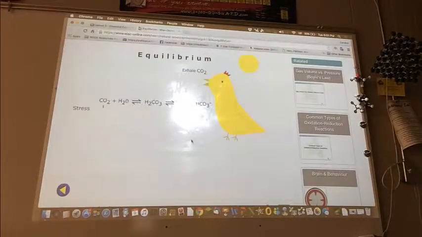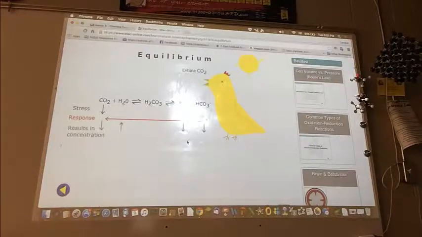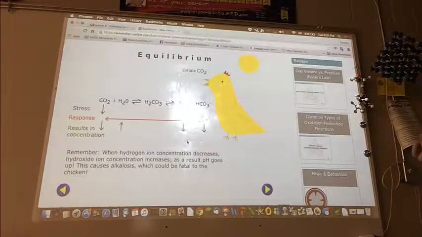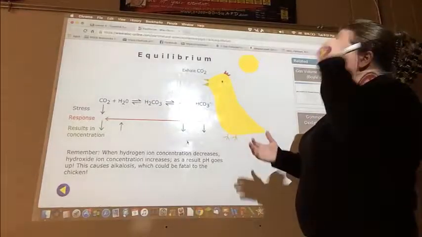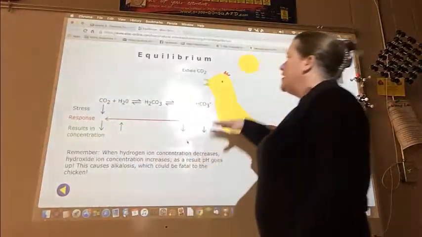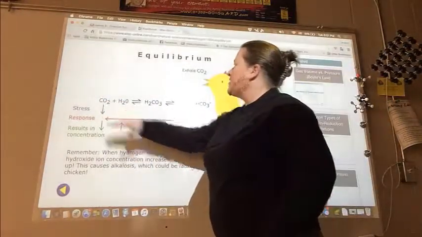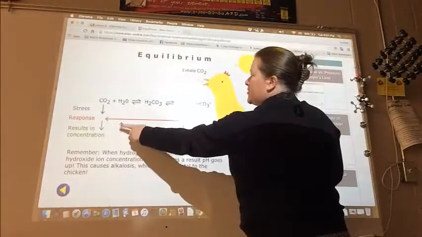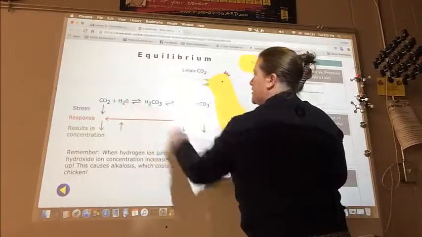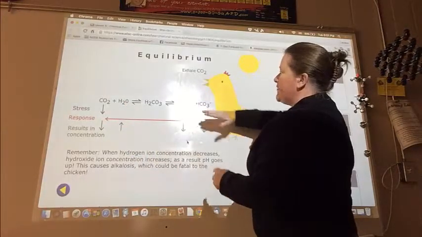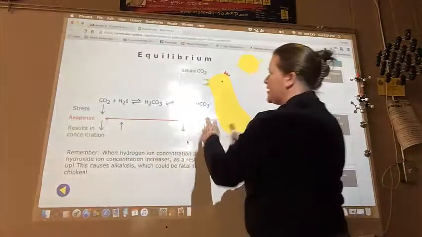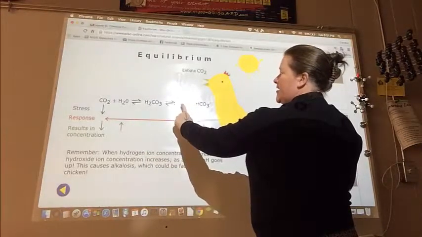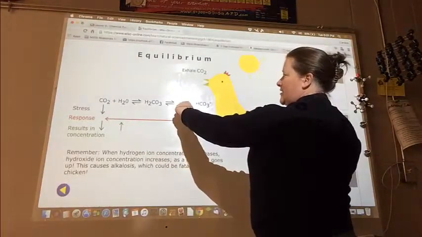Next, this is just showing that stress. So the stress is to reduce carbon dioxide. The response is to shift in this direction, which will produce an increase in that. If we're shifting this way, we're going to be getting a decrease in hydrogen ion concentration.